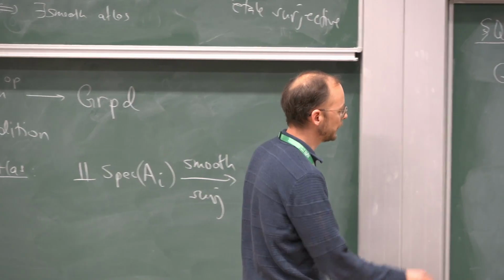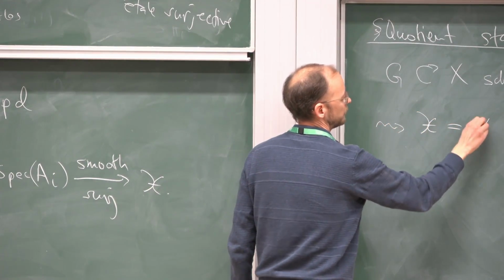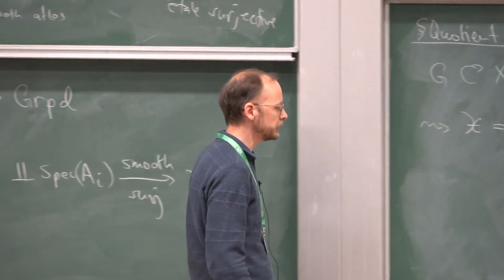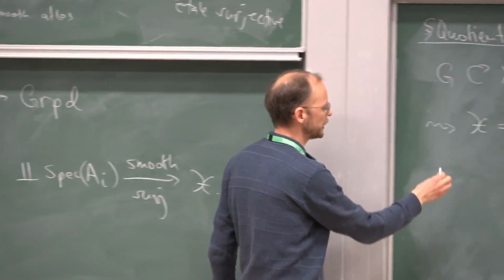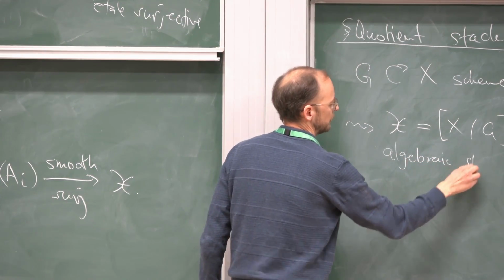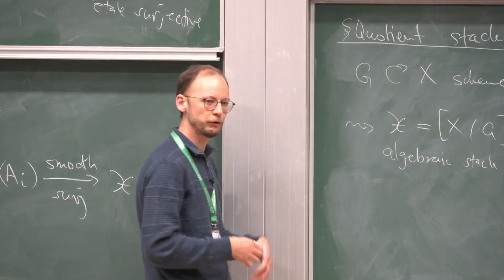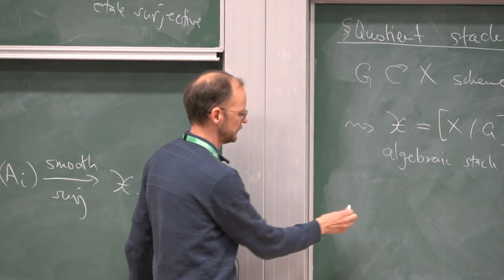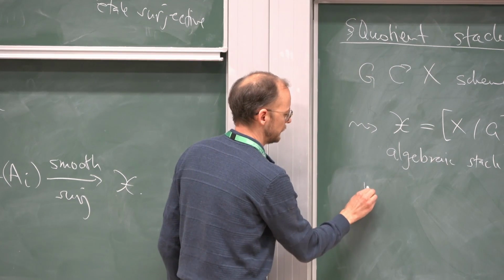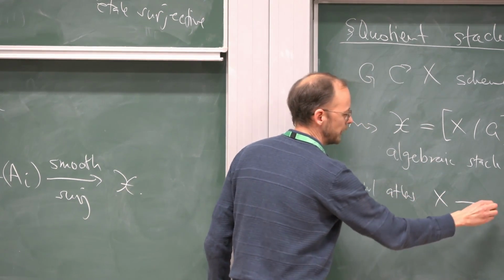Then there's a way of producing a stack that we call [X/G], with these brackets around it, so it's going to be an algebraic stack. And it's going to come with a preferred atlas, which is a map from X to [X/G].